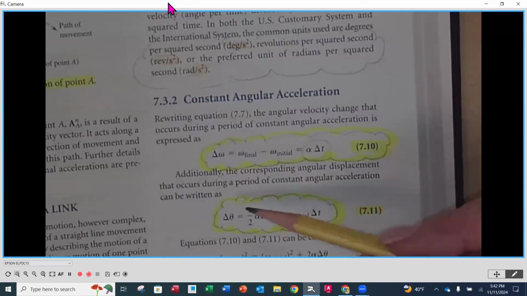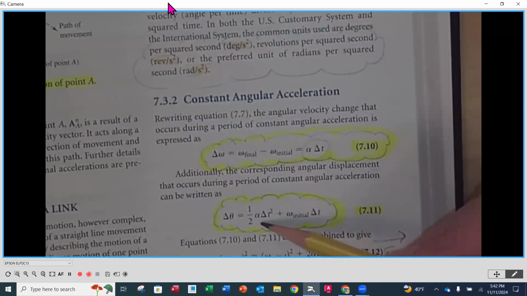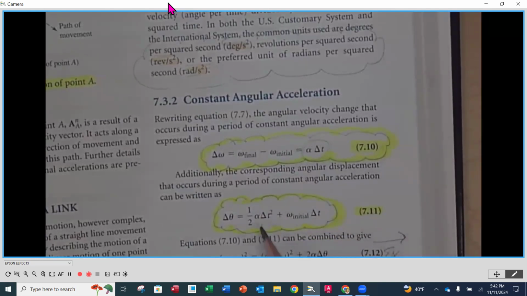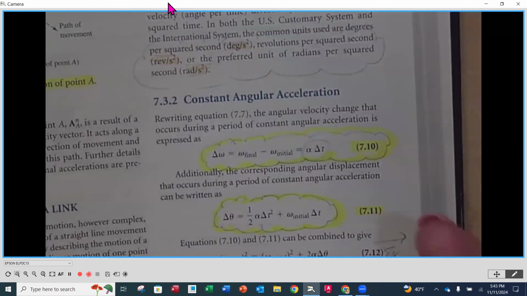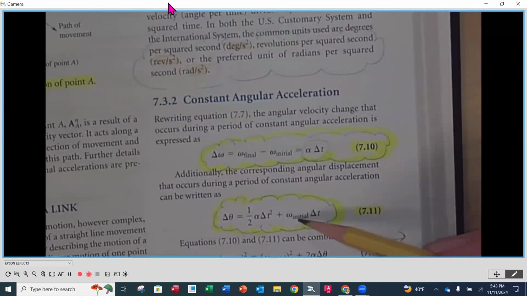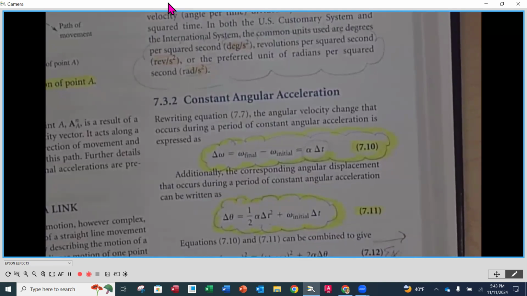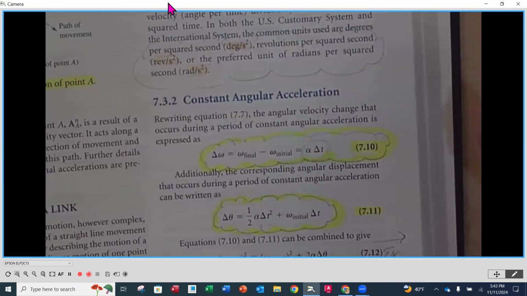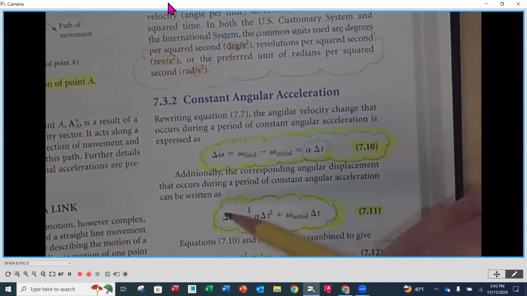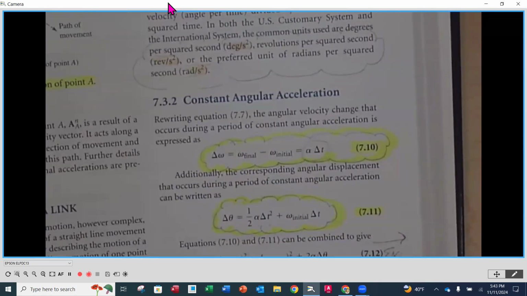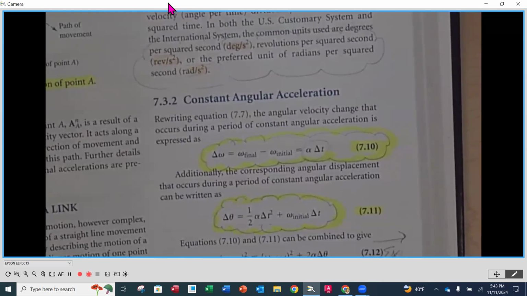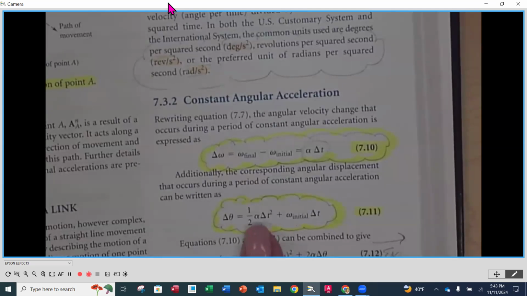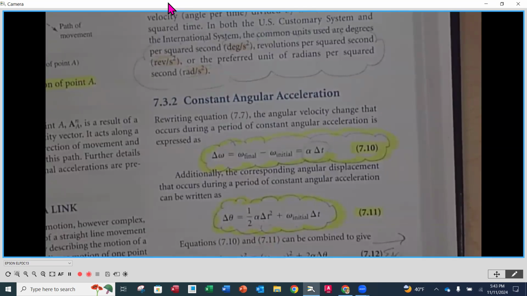In this case, we're going to use 1/2 times angular acceleration, so notice the alpha there instead of the lowercase a, times the change in time squared, plus any initial angular velocity times that same time. So this looks very similar, except when we're rotating, we're trying to find the degrees we've gone through or the number of revolutions, and we're using the angular acceleration rather than straight line acceleration.